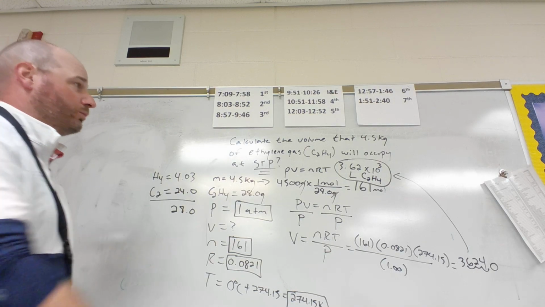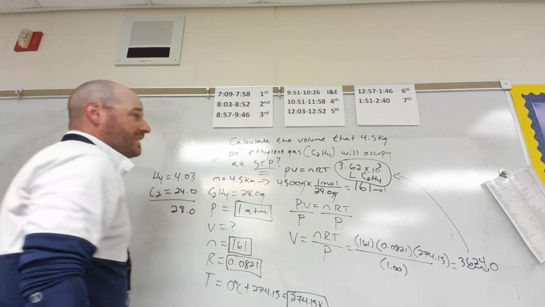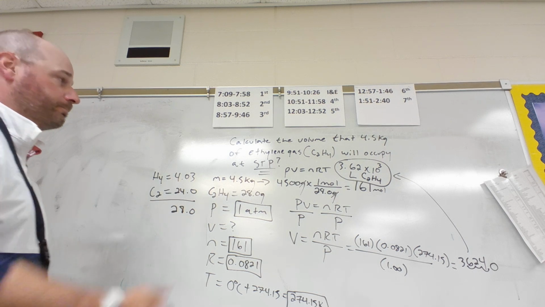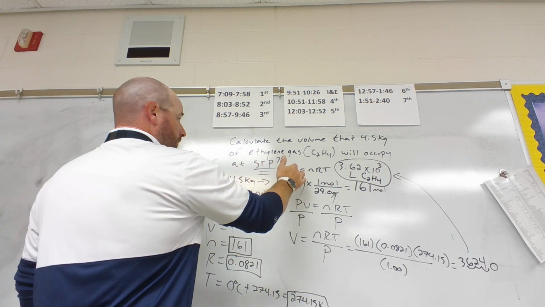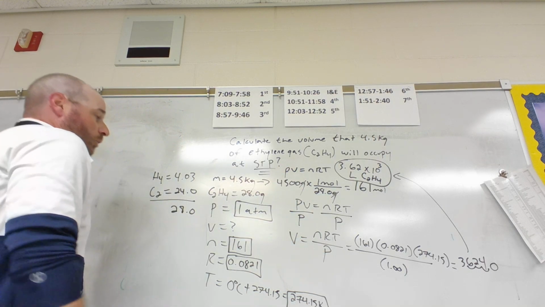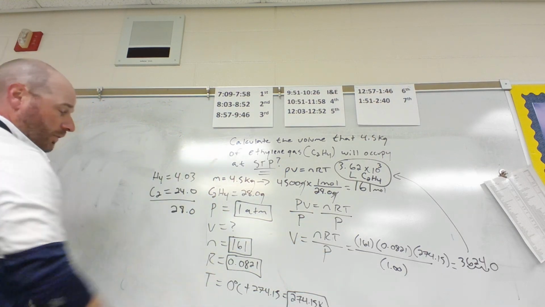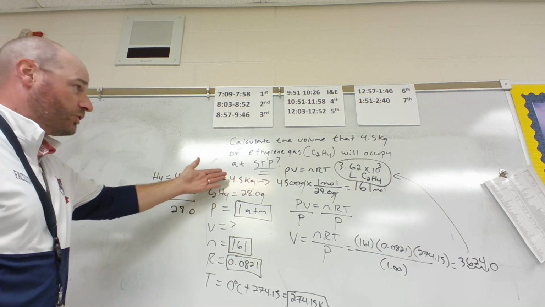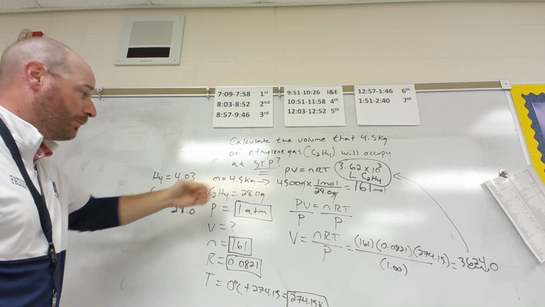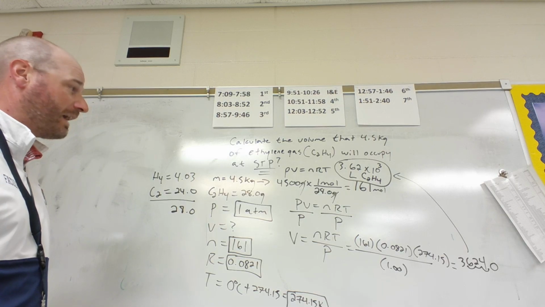And they're telling you it's a STP. So you know, hey, this right here is where I'm headed, that volume. So I write all of my stuff over here on the left as we did before. I started with what was given to me, my 4.5 kilograms, my chemical formula of C2H4, my ethylene.